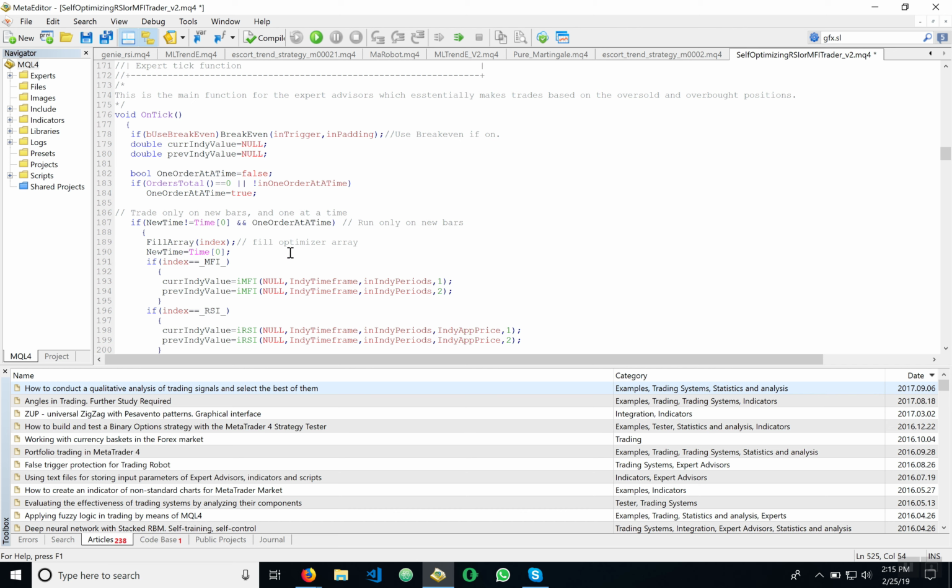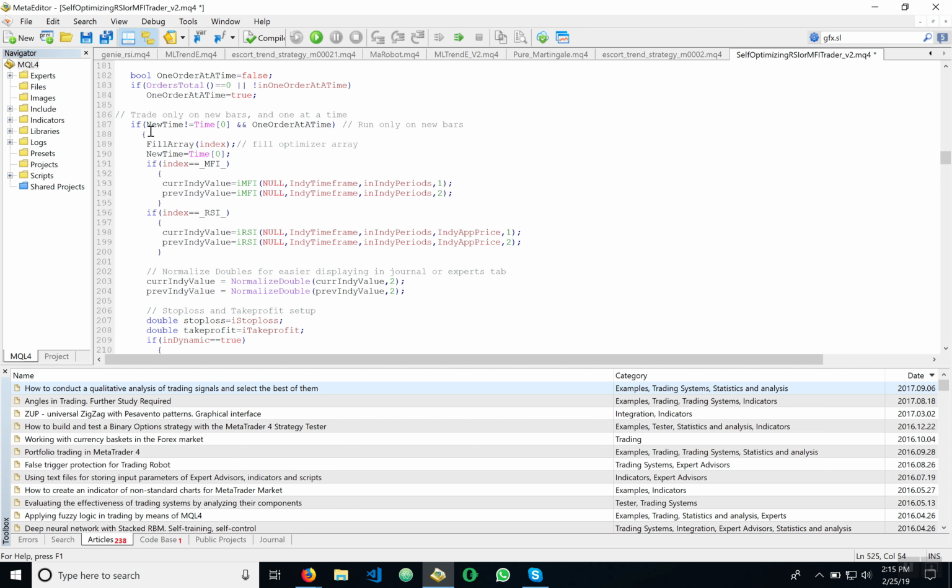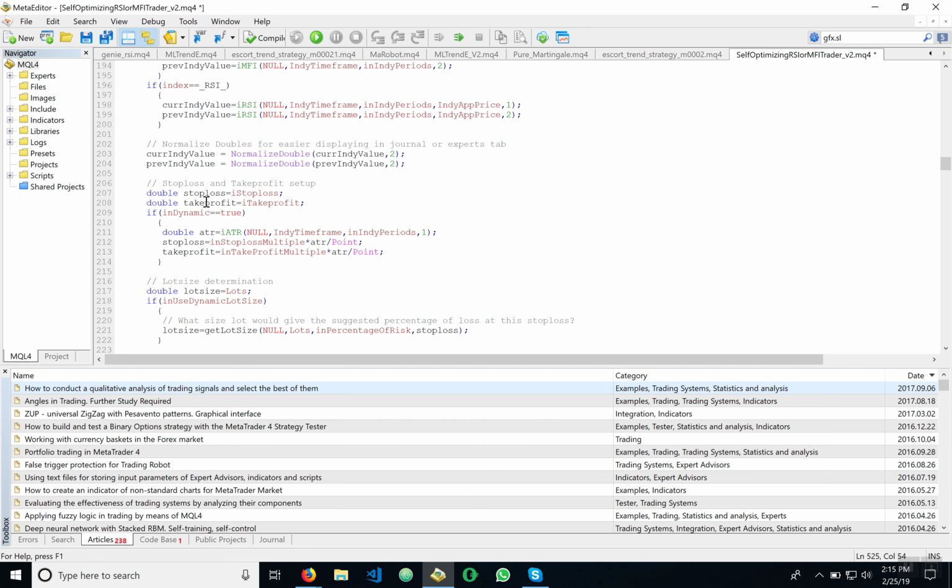First, as we can see, it fills the array with the optimization values that we spoke about earlier. And then it sets, based on the input, the stop loss value, the take profit value, and one of the most important inputs: if it's set to dynamic, it will update the stop loss and take profit depending on the time frame or periods that the EA is moving through.